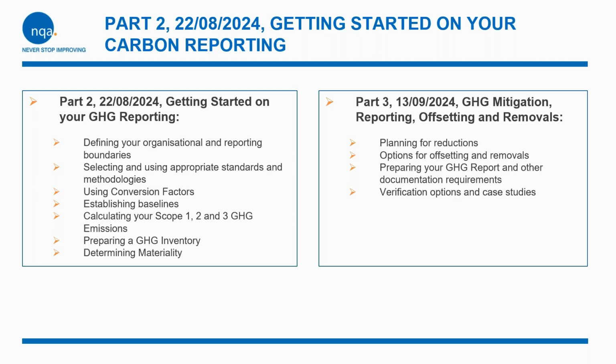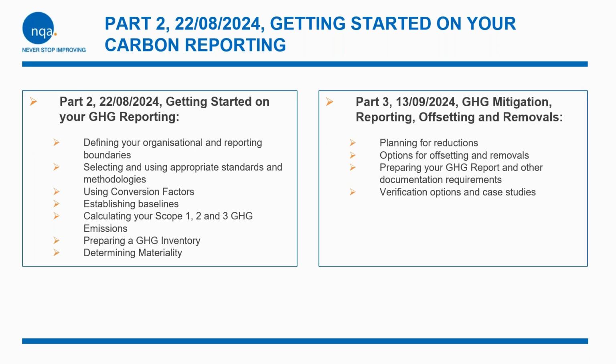So we still, in 2024, measure our carbon and compare ourselves against our 2019 baseline, because it's comparing apples with apples rather than apples and pears. And we'll also look at calculating your scope 1, 2 and 3 emissions themselves, putting all that into a greenhouse gas inventory and then assessing materiality or error uncertainty levels.